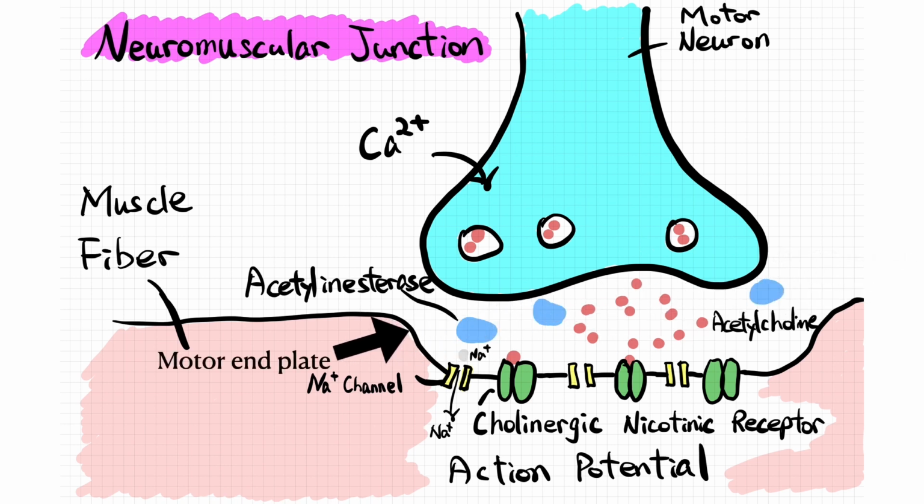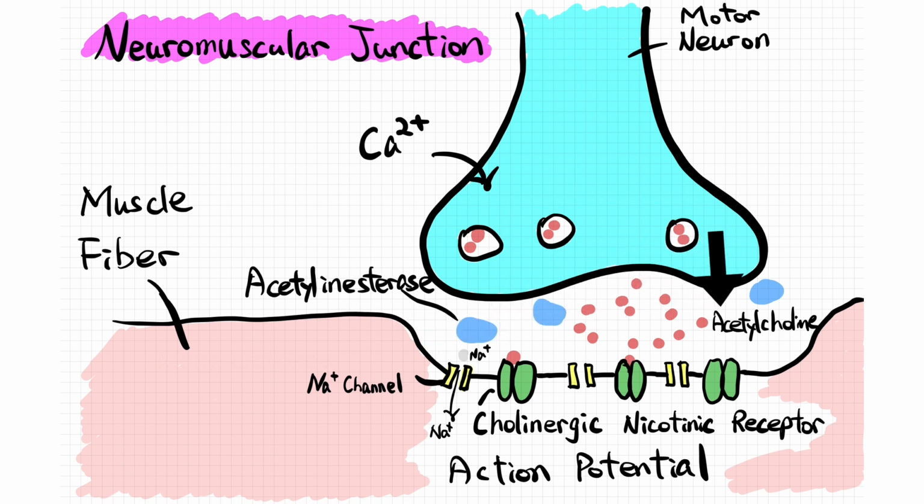And the region of the muscle fiber's sarcolemma that is opposite the motor neuron terminal is called the motor end plate. Now, it contains receptors for a neurotransmitter called acetylcholine.